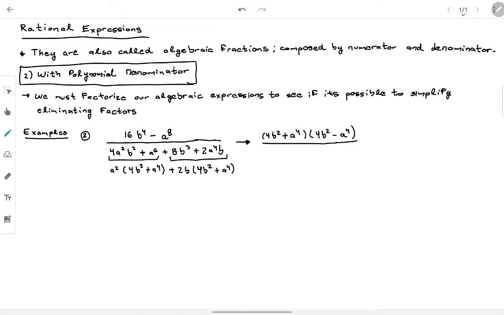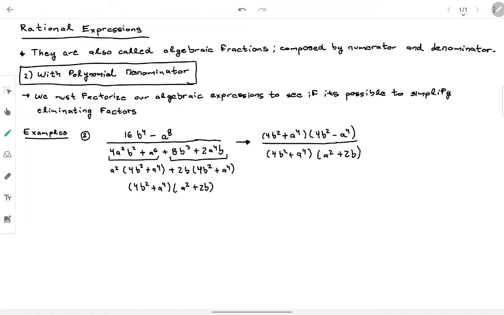So yes, we can factorize it by grouping, and it's going to be 4b squared plus a to the 4 that multiplies a squared plus 2b. So this one is going to be 4b squared plus a to the 4, and we also have a squared plus 2b.